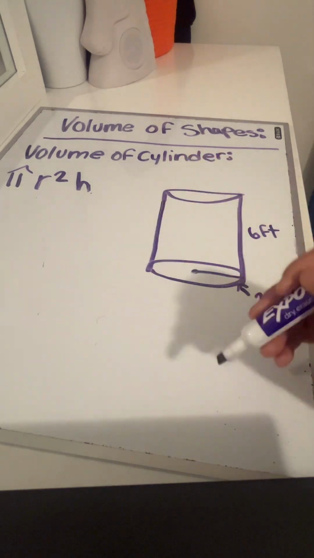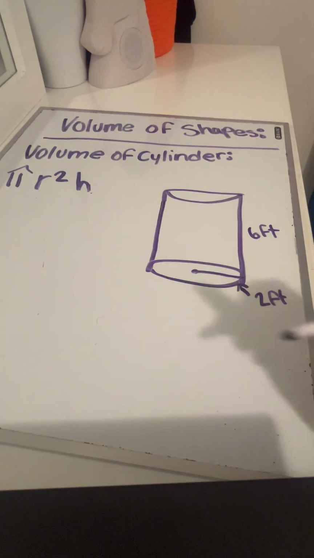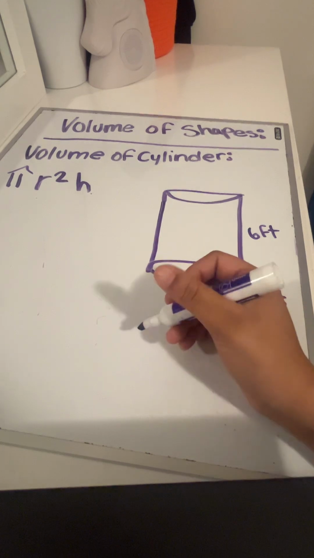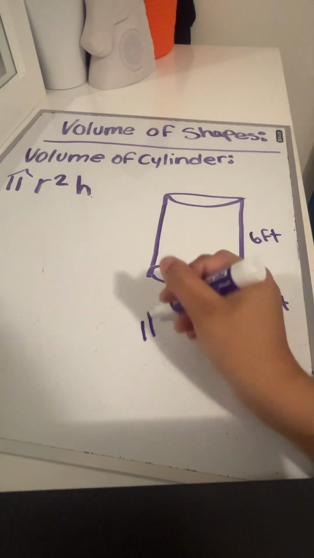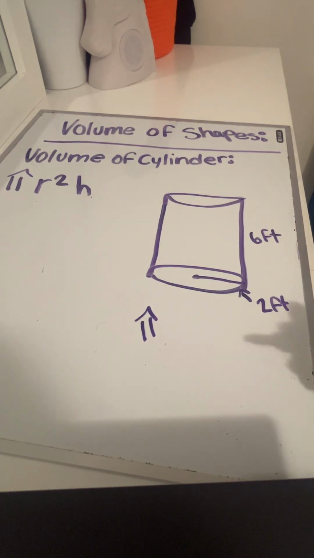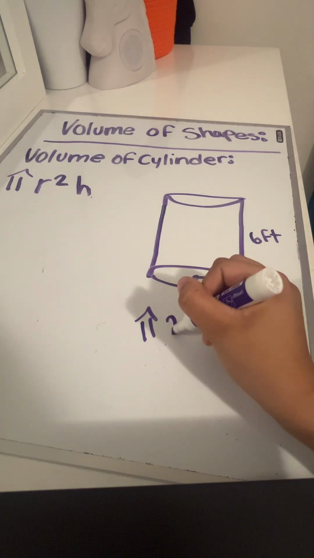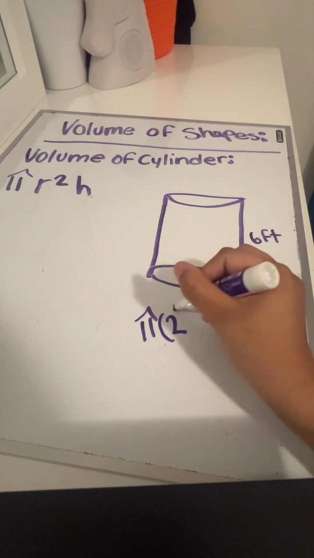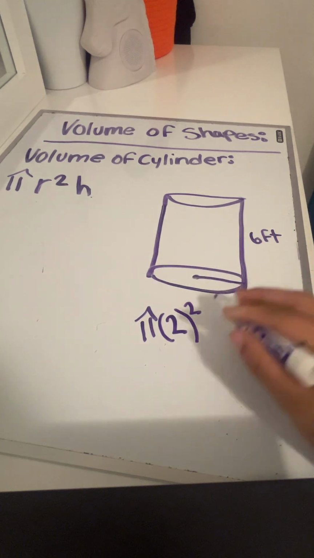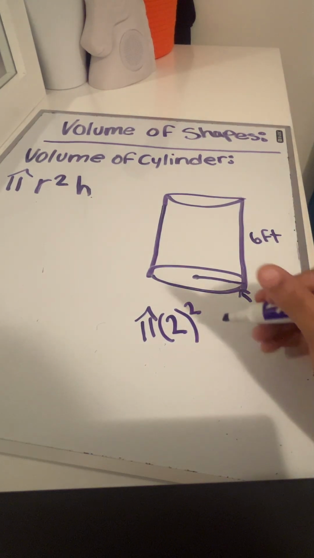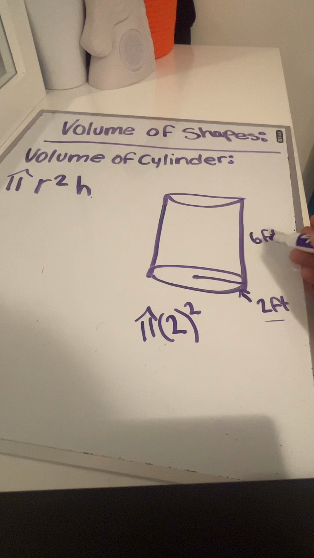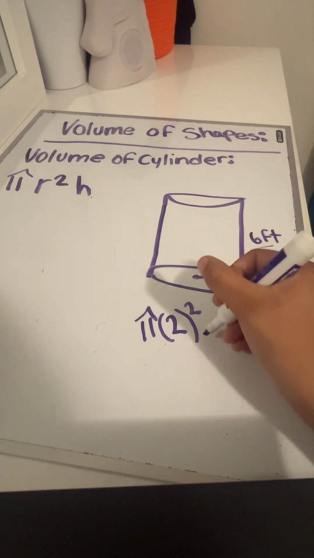So let's rewrite the volume here. We will write the pi. Instead of r, we're going to fill it in with the number 2. Then we keep the power of 2. And then we bring down the 6 for h, height.